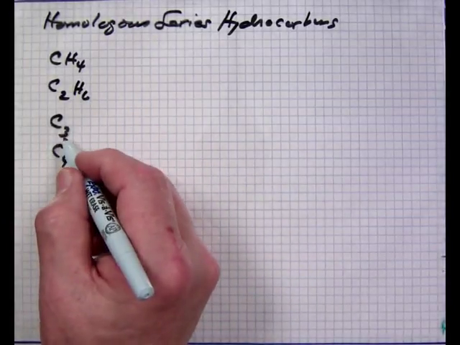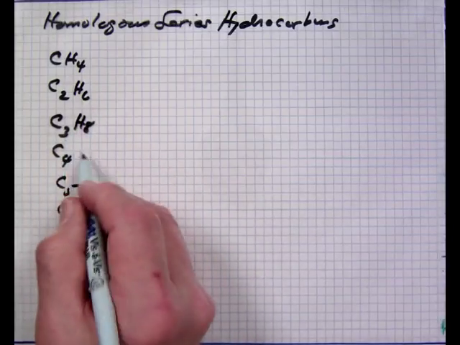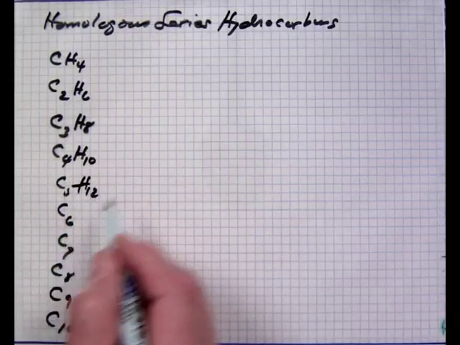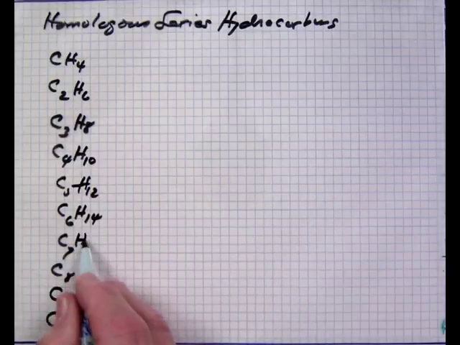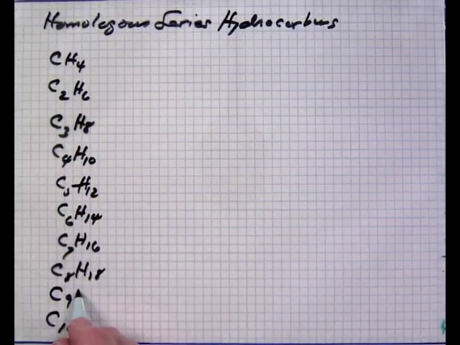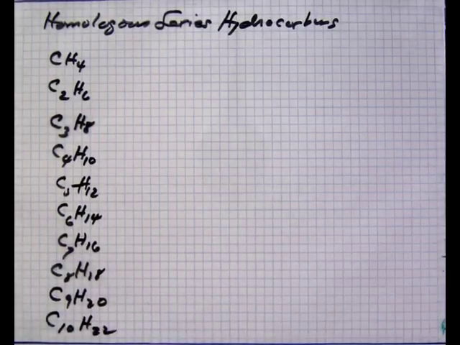This one is 8, 9, 10, 12, 14, 16, 18, 20, 22. And naming these things, all of these are in a family of organic compounds called the alkanes.